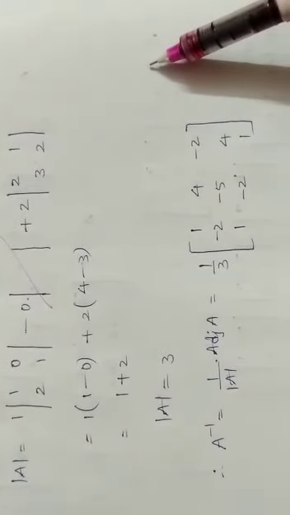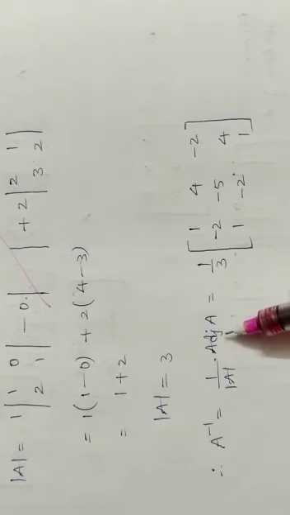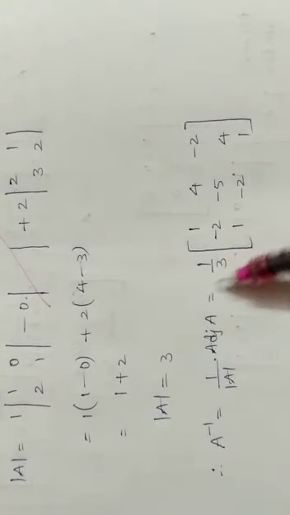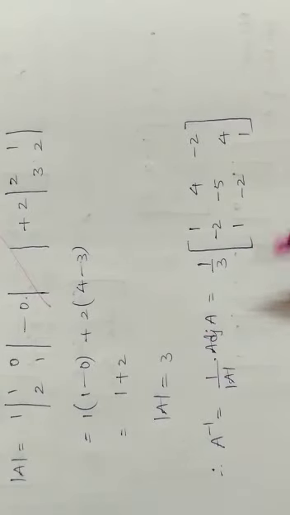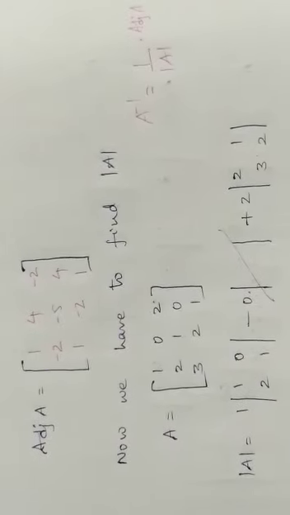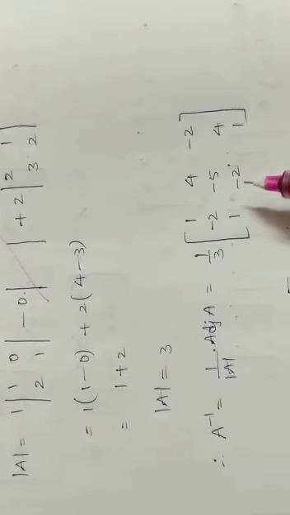Now, A inverse equal to 1 by det A into adjoint A. So, 1 by det A is 1 by 3. Already in the above, we found adjoint A. This is adjoint A. The same I am writing here.